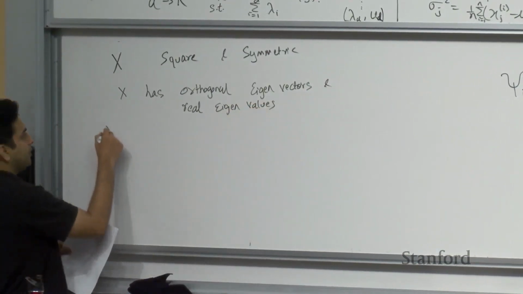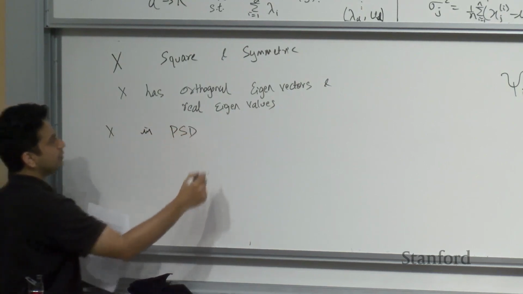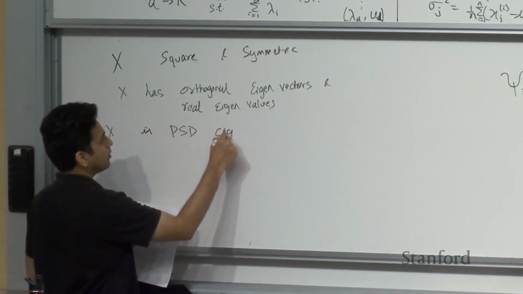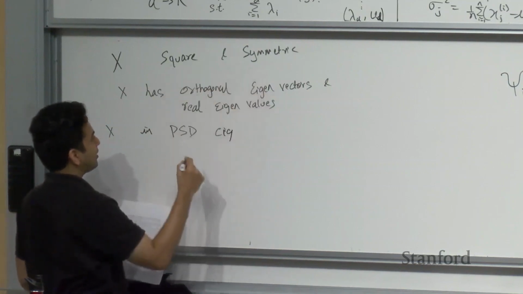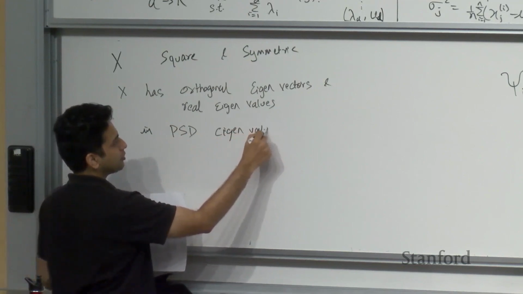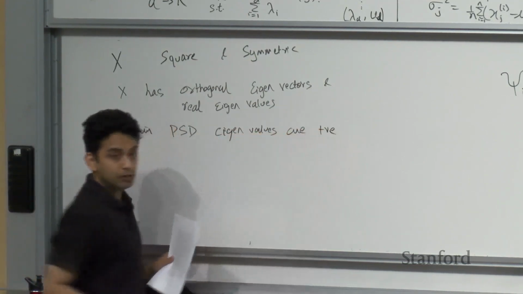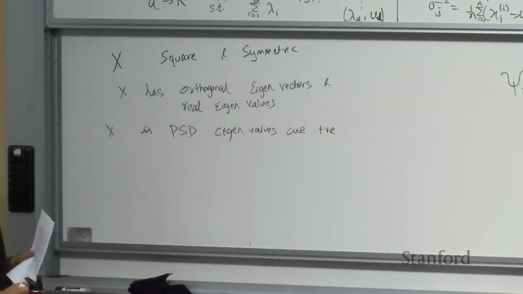And if X is positive semi-definite, then it is obviously square and symmetric, and if it's also PSD, then the eigenvalues are positive. All the eigenvalues are positive, right?